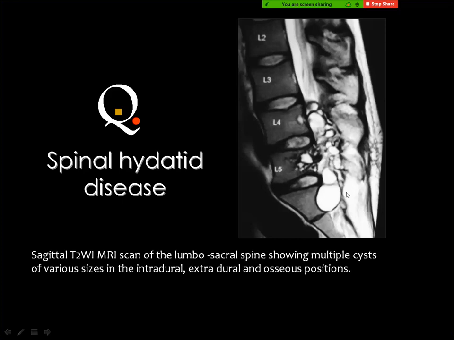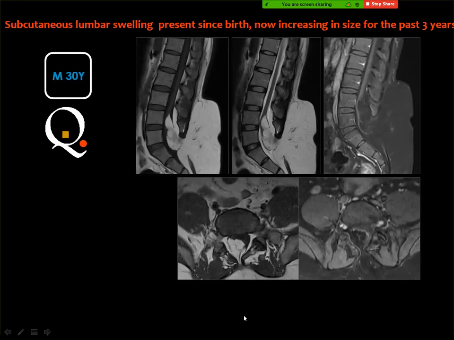This is the case here, and you see involvement of L5 and multiple intradural cystic lesions with scalloping of the vertebra, meaning that this lesion is long-standing, and hydatid is a very good diagnosis. Next case.